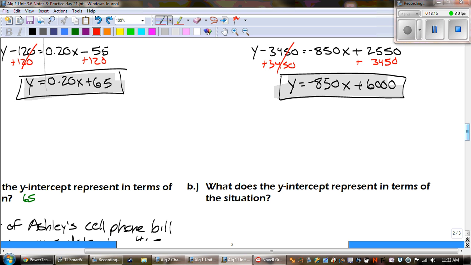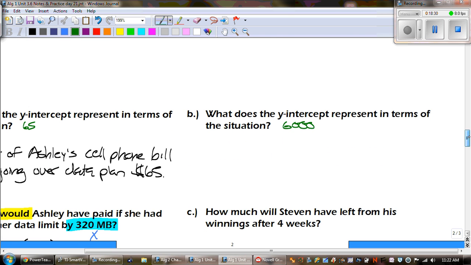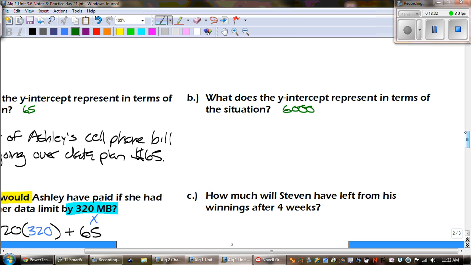So the y-intercept, what does the y-intercept represent? It's that 6,000. What does that 6,000 mean? Well, what happened in the problem? You want a scratch-off ticket, right?